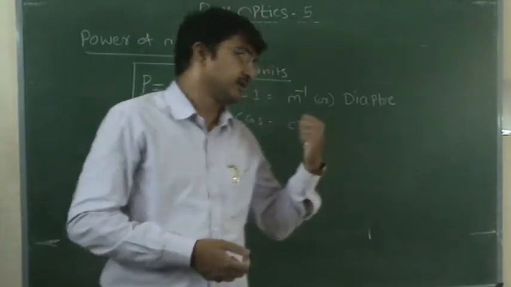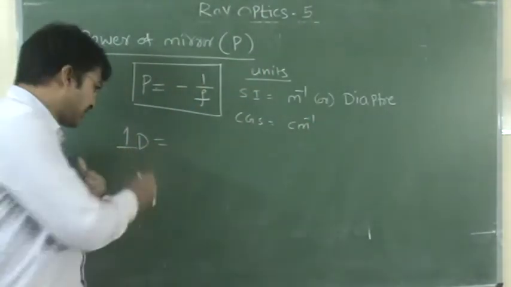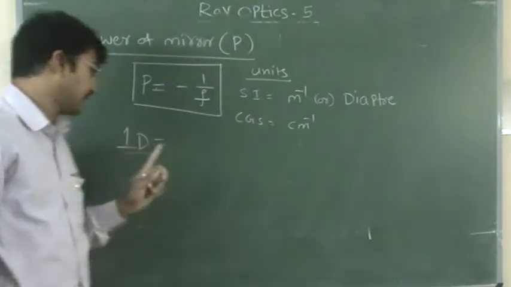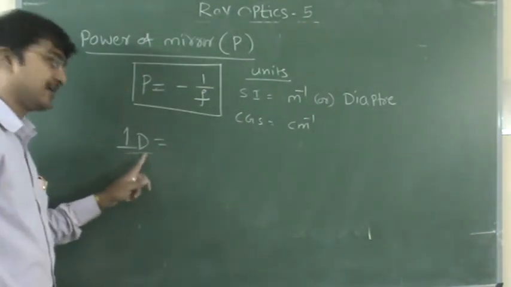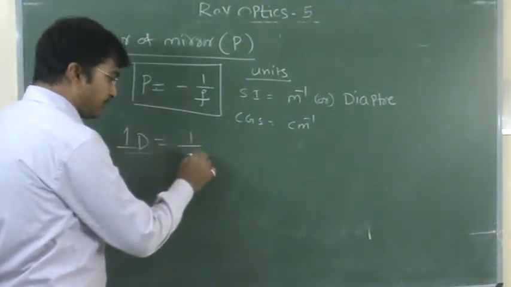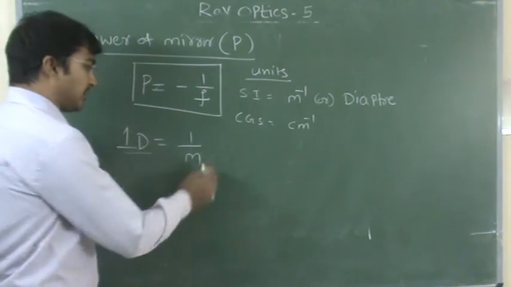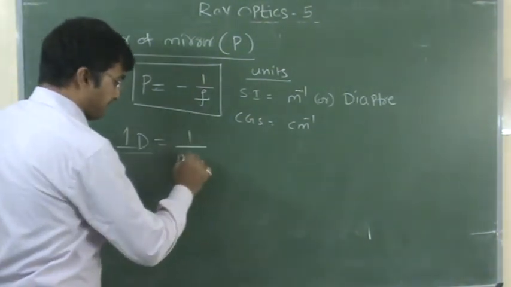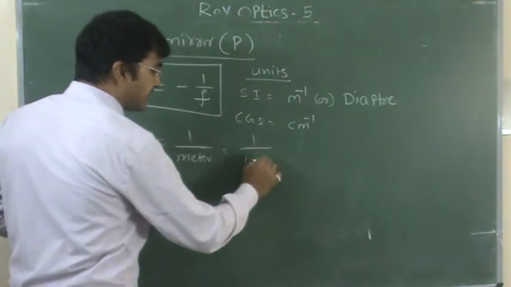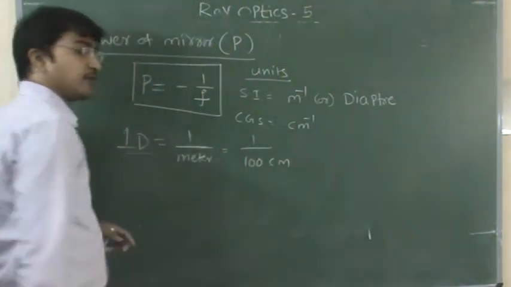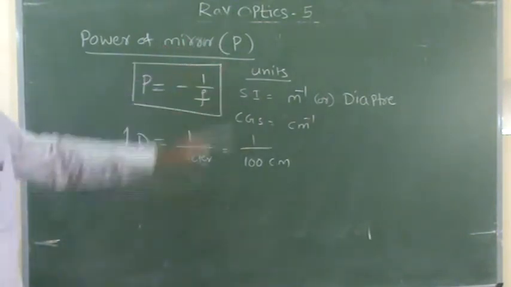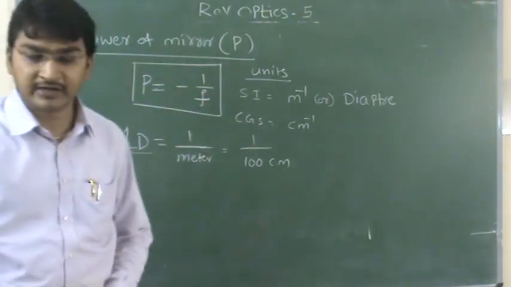Anyway, the power unit is the same for both mirror and lens. What is the SI unit? Diopter. 1 diopter is equal to 1 by meter, or 1 by 1 meter, otherwise 1 by 100 centimeters. Remember this. So this is power, and now for concave and convex.